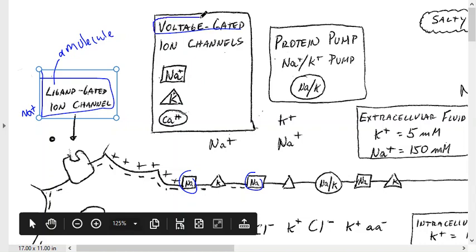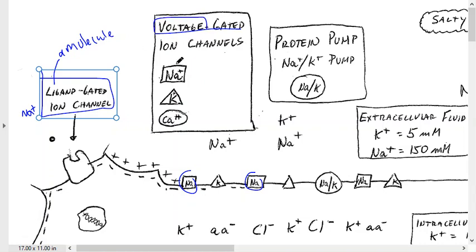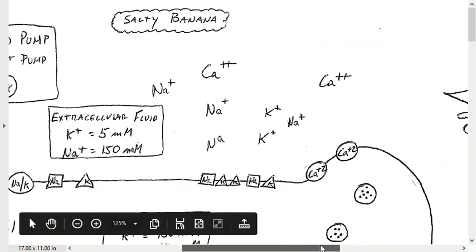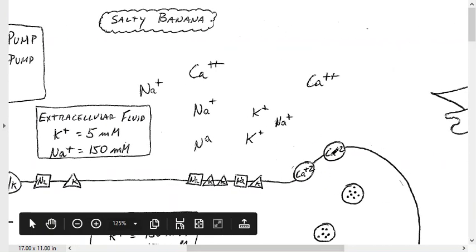Remember, they're voltage-gated. They respond to changes in charge. These triangles are potassium, and these circles are calcium. And if you notice, the axon has a lot of the sodium and potassium channels, whereas the terminal region, the end region, is the region that has the calcium ion channels, and we'll see how that works in a minute.